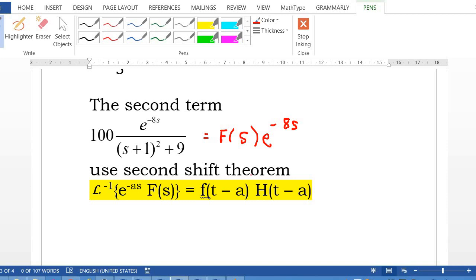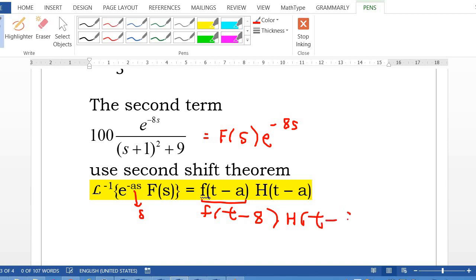Here we use the second shift theorem, which says that the inverse Laplace of e to the negative as times F(s), where a in this case is 8, is f(t minus a) h(t minus a). So the inverse Laplace of e to the negative 8s times F(s) gives f(t minus 8) h(t minus 8).